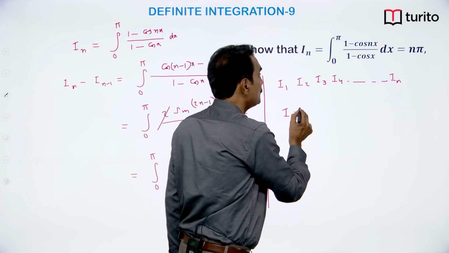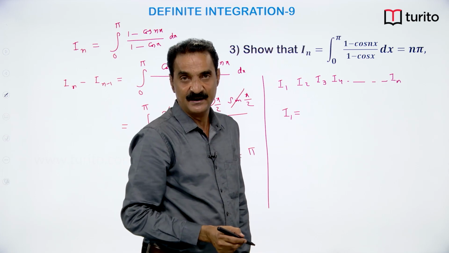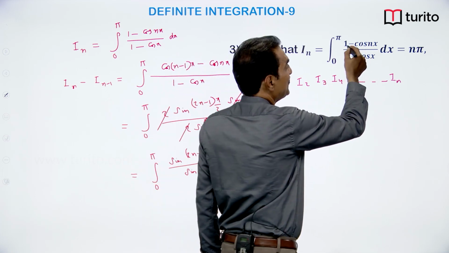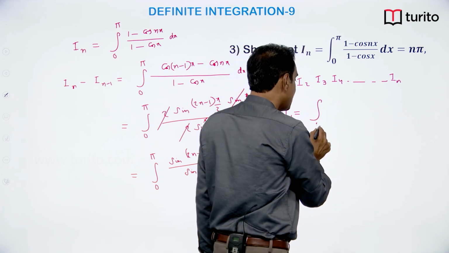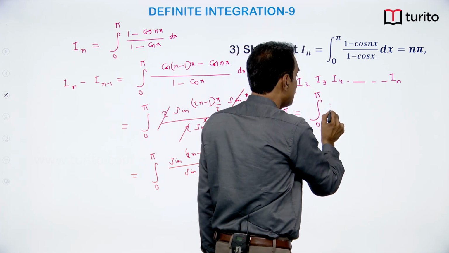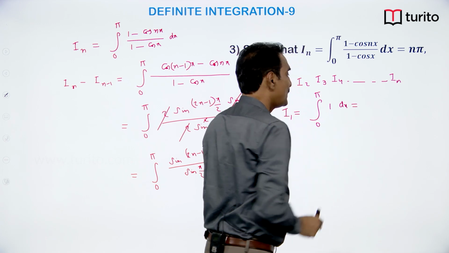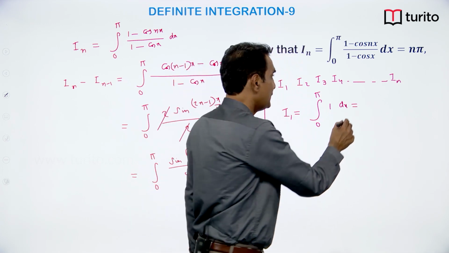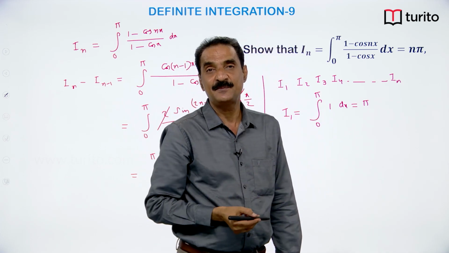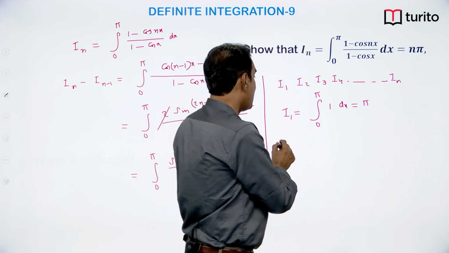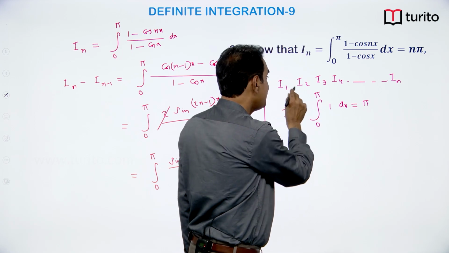you calculate I1. I1 is equal to, putting n equal to 1 in the given integral, numerator is 1 minus cos x, denominator is also 1 minus cos x. So, it will be integral 0 to pi of 1 dx. What is its integral? Integral of 1 is x, substituting the limits you will get pi. If I1 is pi, what is I2?